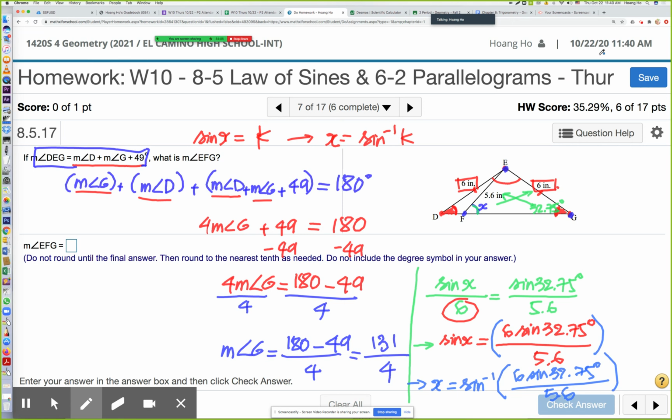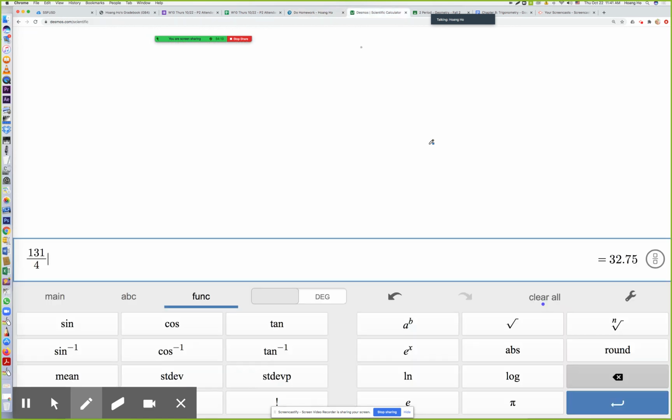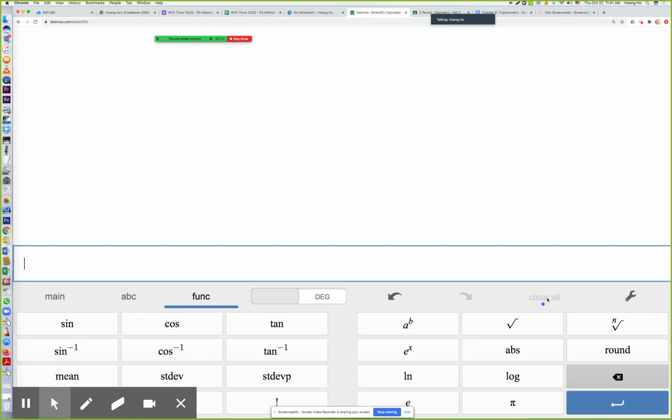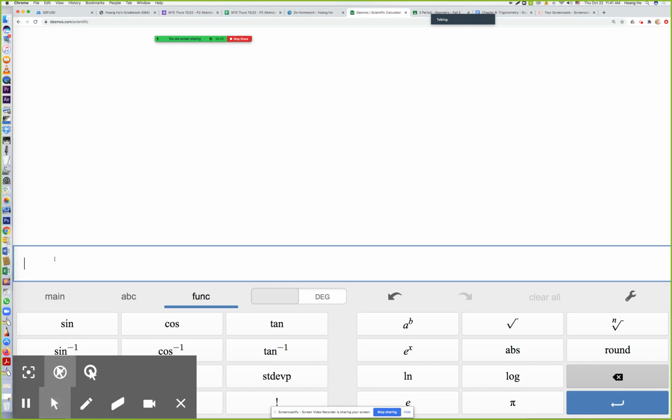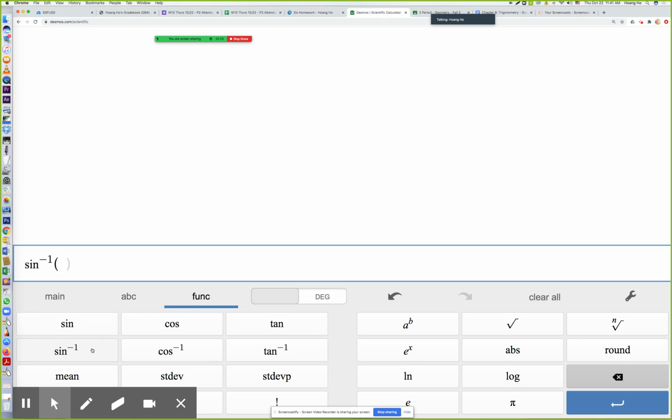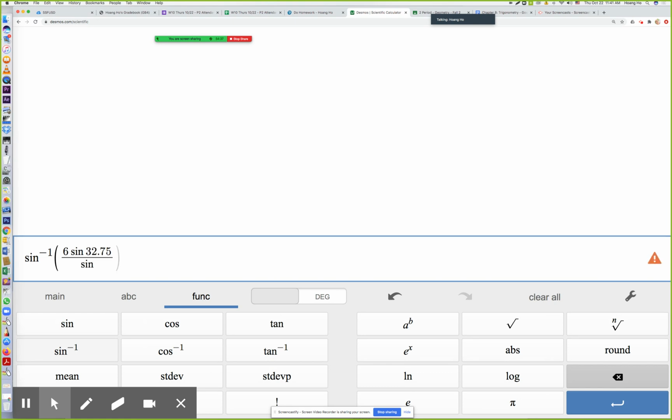Let's punch this on your calculator. Let's clear everything. Inverse sine, 6 times sine 32.75, divide by 5.6.